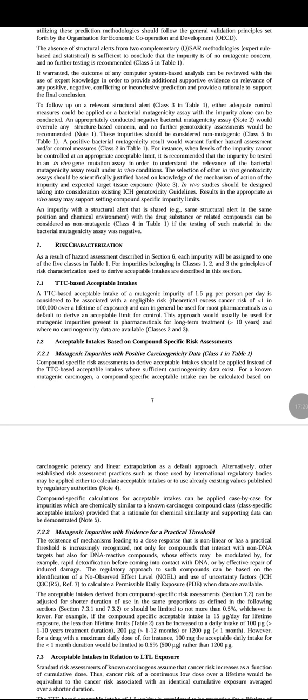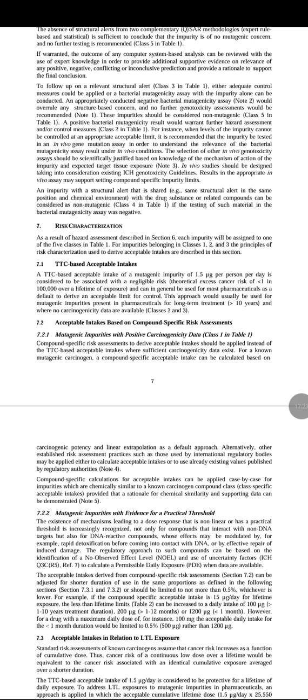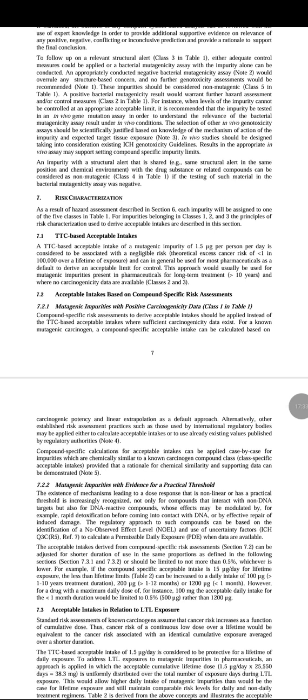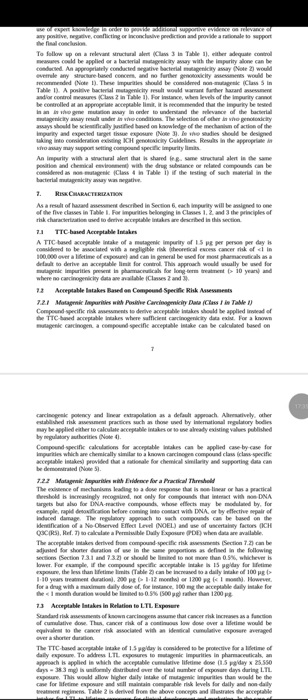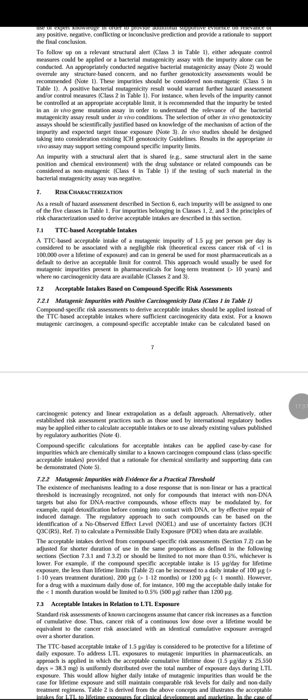No further testing is recommended. As a class 5, if warranted, the outcome of any computer system based analysis should be reviewed by the use of expert knowledge, considering additional supportive evidence or the relevance of positive, negative, conflicting and inconclusive prediction, to provide the rationale supporting the final conclusion.